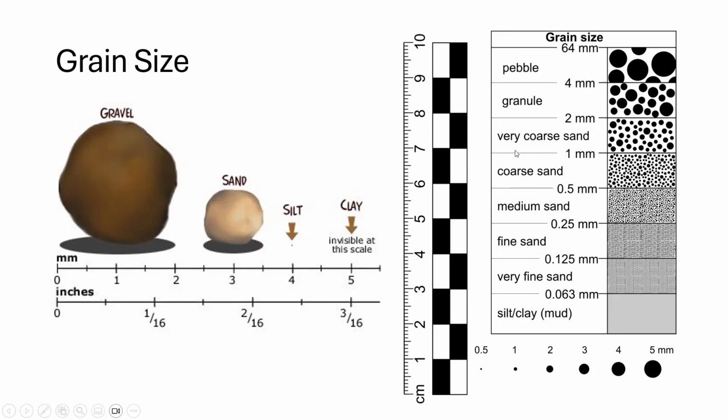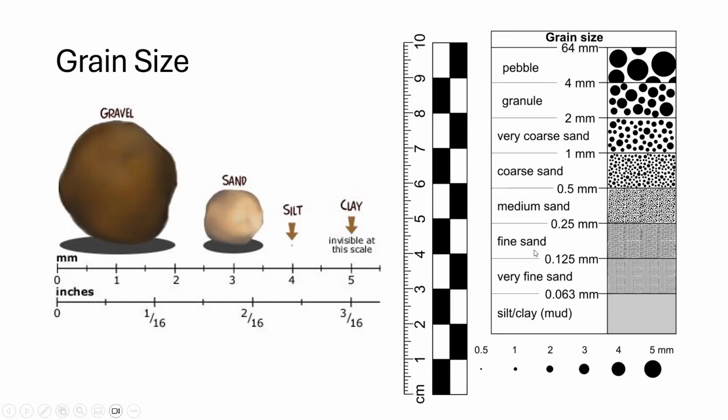Very coarse sand means you can see with your naked eyes that this is a very coarse sand particle. And with very fine sand, you can still feel the grit, the roughness with your finger, but you can still see that this thing is very, very fine.